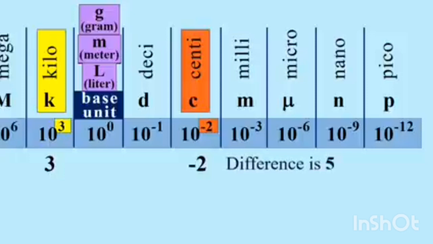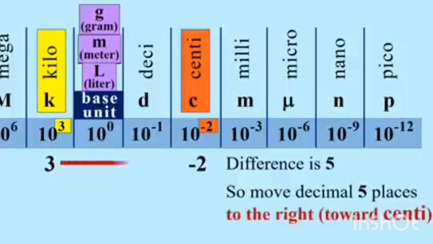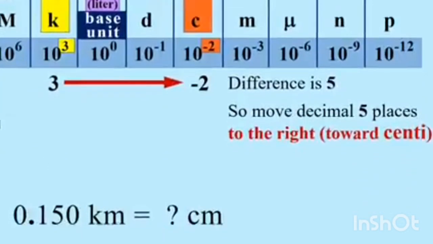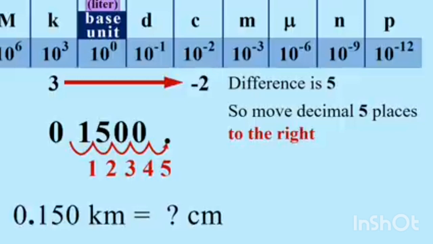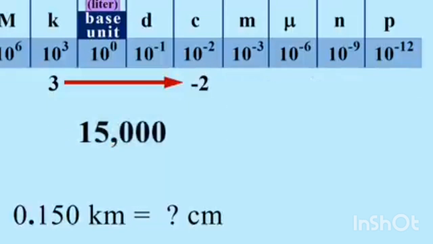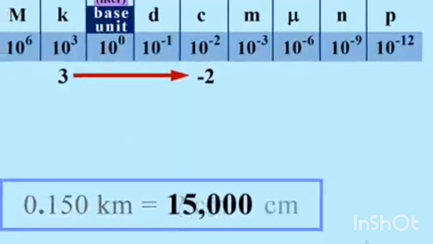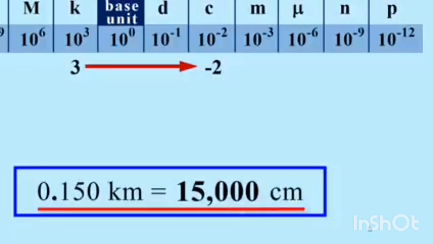We subtract and get a difference of 5, so the decimal is moved 5 places to the right toward centi, the wanted unit. 0.150 moving the decimal 5 places to the right. Note there are now blank spaces. Always fill in the blanks with zeros. So we now have 15,000. There are 15,000 centimeters in 0.150 kilometers.